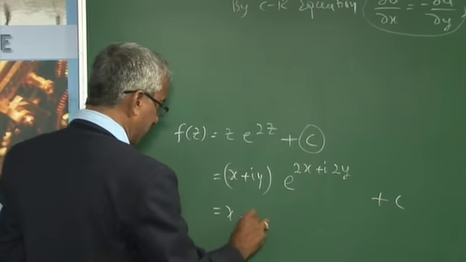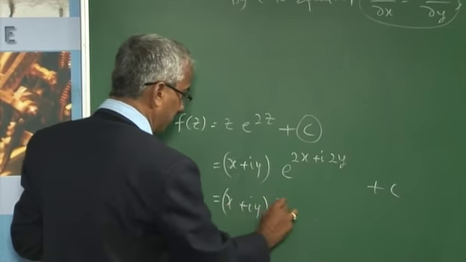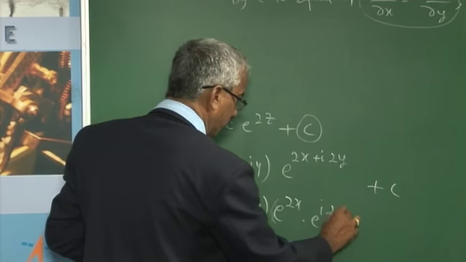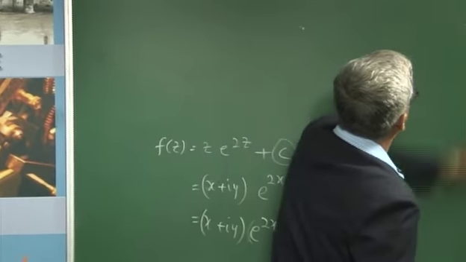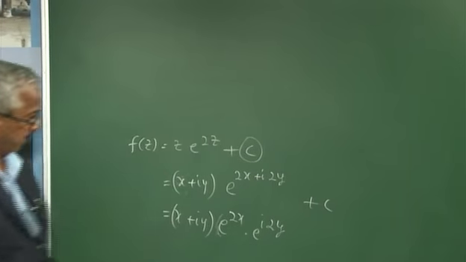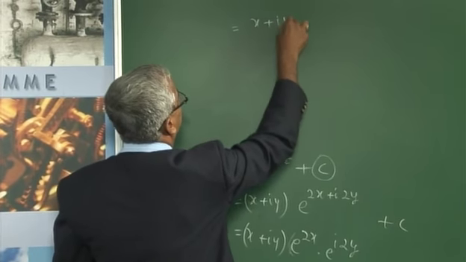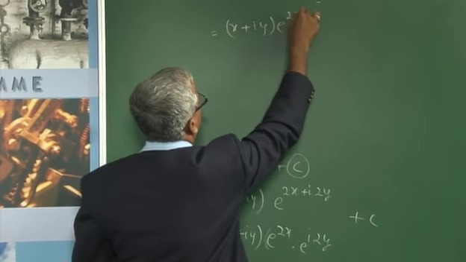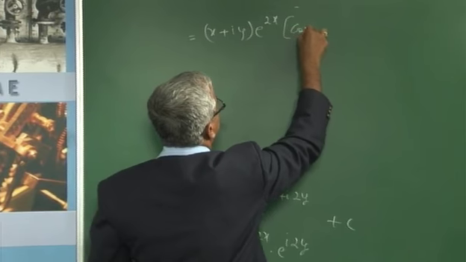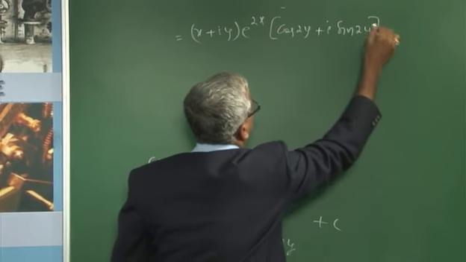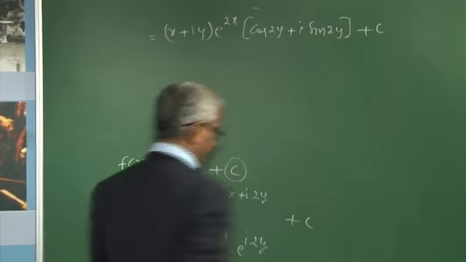So, this is x plus iy into e power 2x into e power i2y. You can see that e power i2y is cos 2y plus i sin 2y, so it is x plus iy into e power 2x into cos 2y plus i sin 2y, plus c.